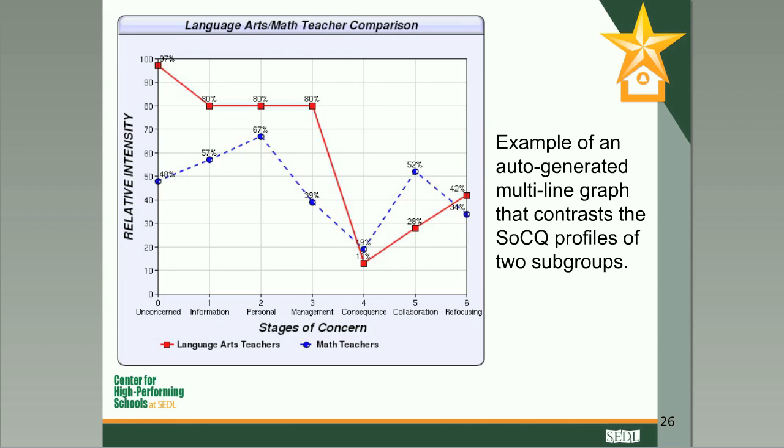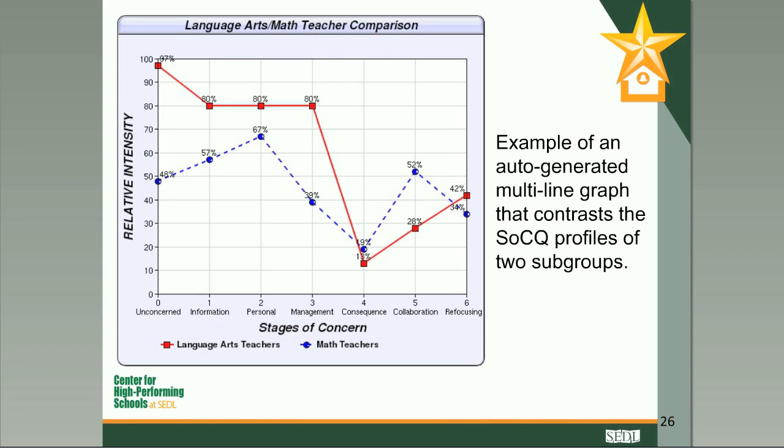You can use the results from the participants to filter the data and view a concerns graph for the subgroup. The graph that we see on this slide shows the concerns profile of language arts teachers as compared to math teachers. And you can see in this case, the concerns are very different between the two groups.